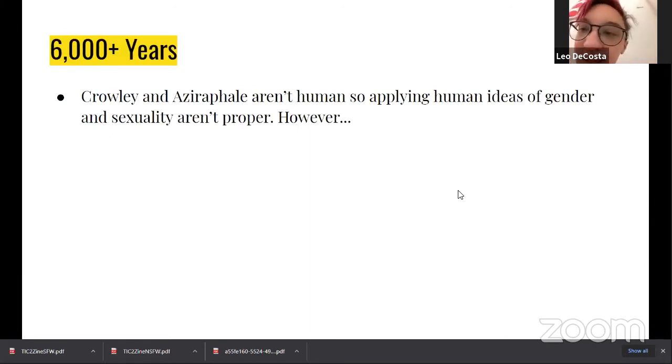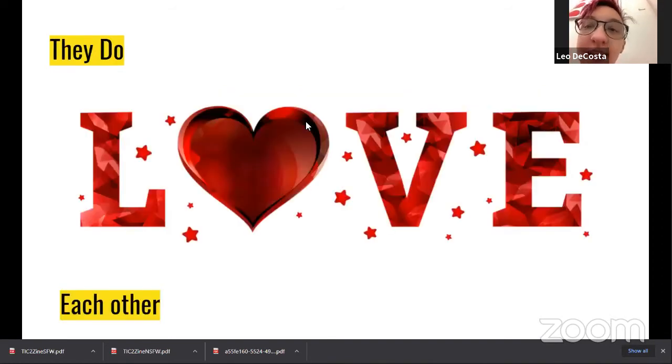Crowley and Aziraphale aren't human, so applying human ideas of gender, sexuality, and romance may not be proper. However, next slide. They do love each other, and whether that is platonic or romantic is up to the individual person's interpretation of their relationship. Neither one is wrong, because we are applying abstract concepts to abstract beings.